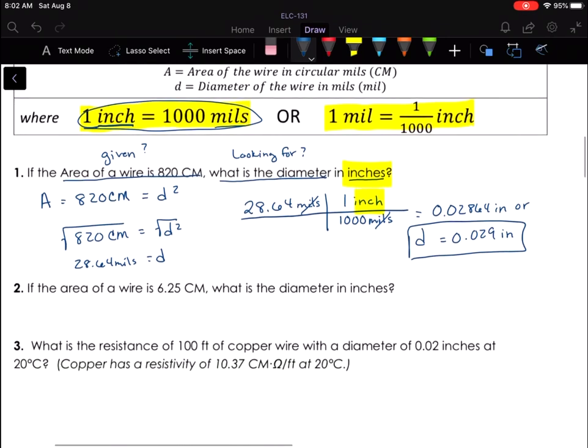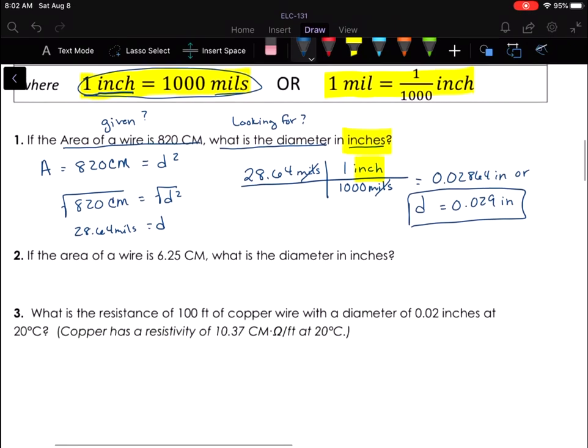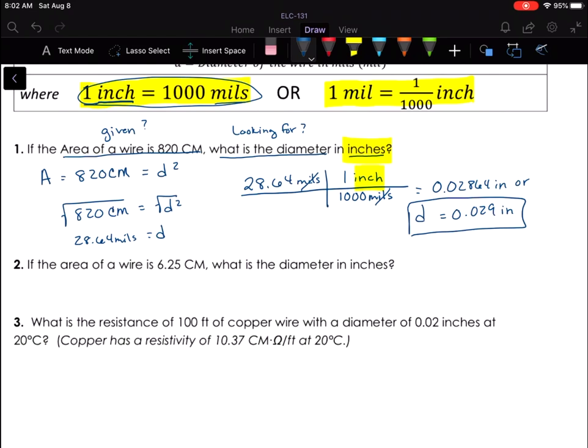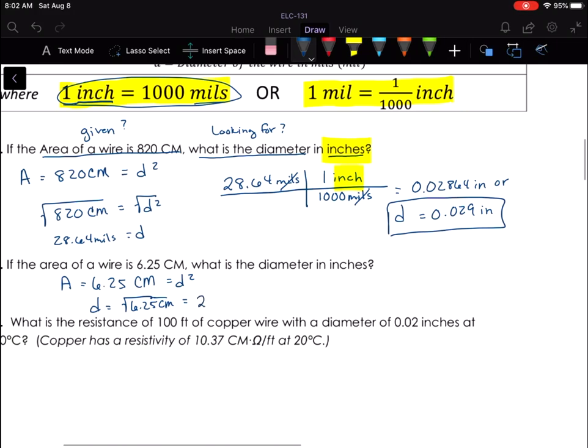We're going to do the next problem in exactly the same way. The area is 6.25 circular mils, and that is d squared, where d is in mils. So if we take the square root of 6.25, we get 2.5 mils.